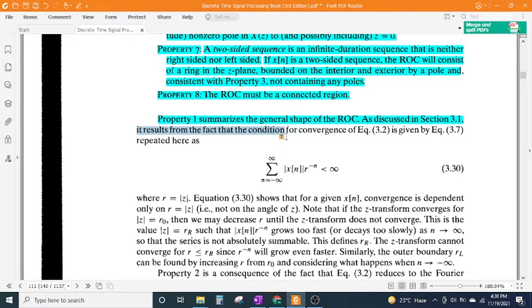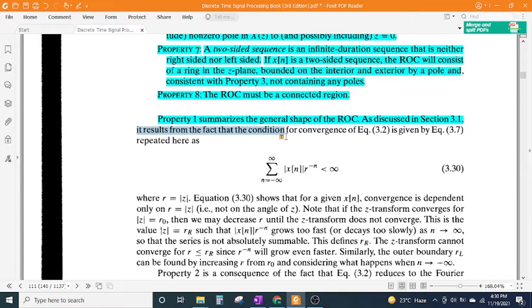Property 2 is a consequence of the fact that Equation 3.2 reduces to the Fourier transform when |z| equals 1. Property 3 follows from the recognition that X(z) is infinite at a pole and therefore, by definition, does not converge.